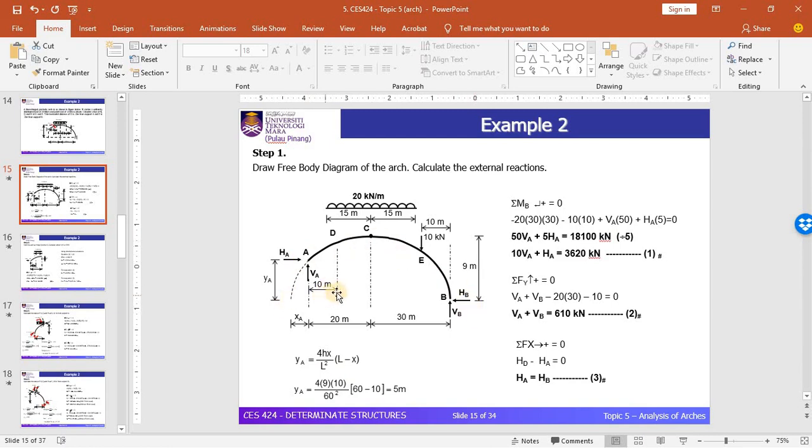In this diagram we have a different level of support, so you can't consider that the origin is from A.